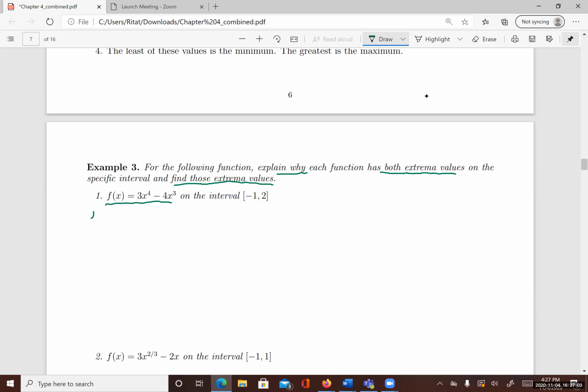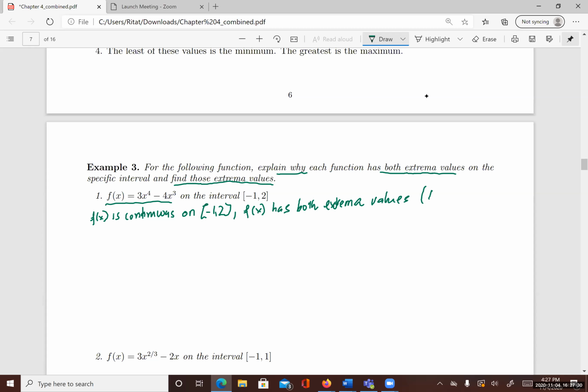We know that f of x is continuous on the closed interval from -1 to 2. Then by the extrema value theorem, f of x has both extrema values.